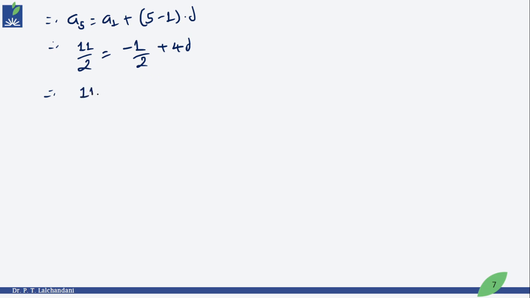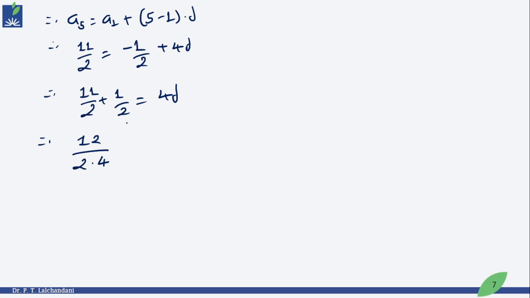So what will you get? 11 by 2 plus 1 by 2 is equal to 4d, as this 1 by 2 gets cancelled out. Now see, the denominator is the same, 2 and 2, so we'll simply add the numerators, 11 plus 1, that is 12, divided by 2, and this 4 is in multiplication on the right hand side. Taking it to the left hand side, it will go to the denominator.